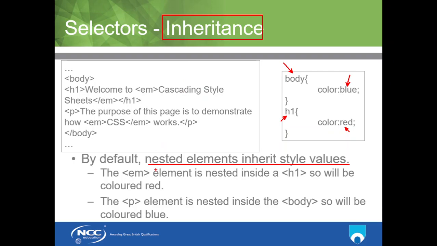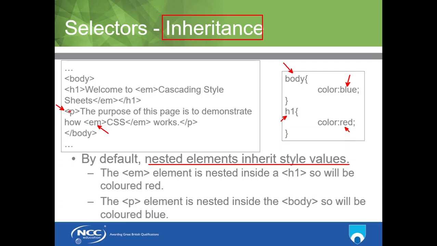That if you nest an element inside another element, it's going to inherit the characteristics of that particular element. So, for example, you can also see here, we have the paragraph tag, and inside the paragraph tag, we've nested the M tag.